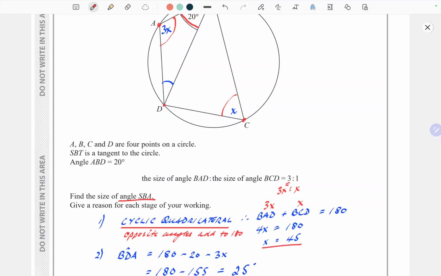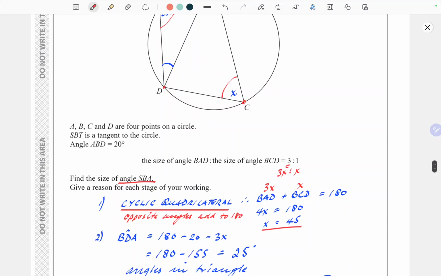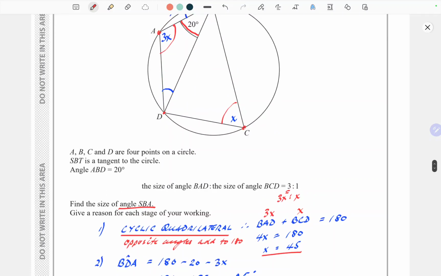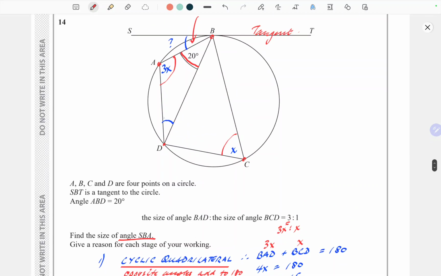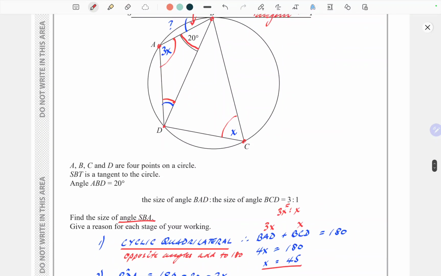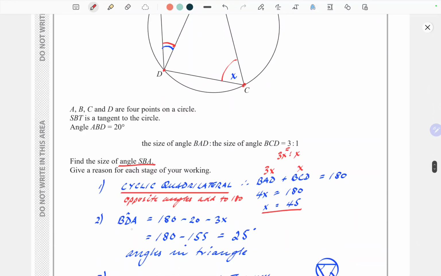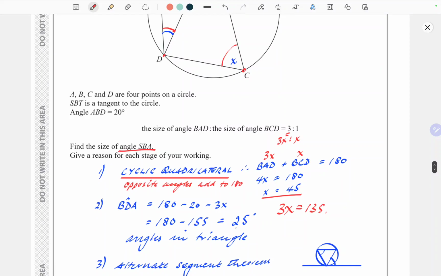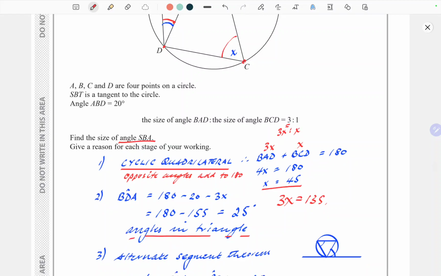So x equals 45. And then we know that angle BDA, which is this one here, because that's in a triangle, BDA is 180 minus the 20 that we already see in the diagram, minus 3x. Now we know that 3x equals 135. So 180 minus 155 is 25. And the reason is angles in a triangle. That's all you need to say for that one.